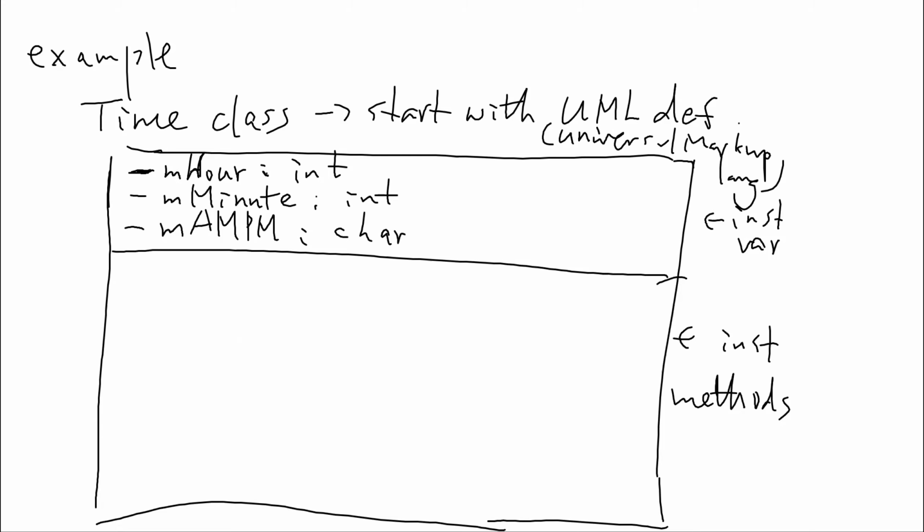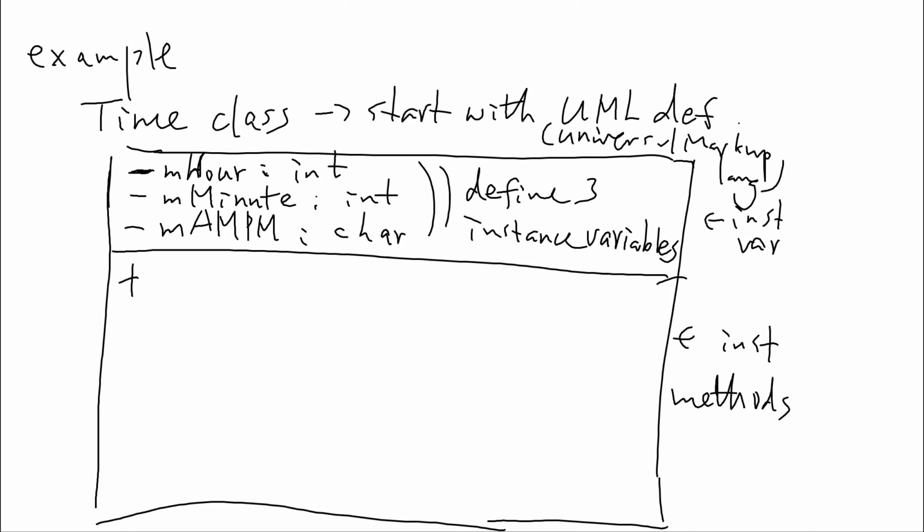So you see, in this top part of the box, I define three instance variables for our time class. I define the instance variable names and their types. Okay, and then we can deal with the class.